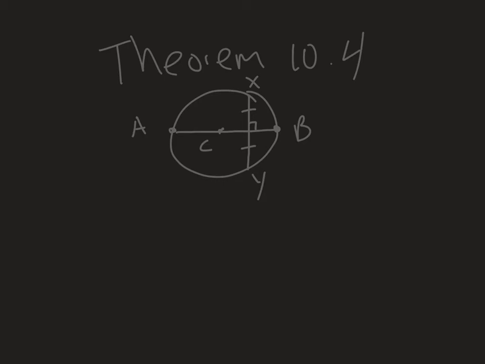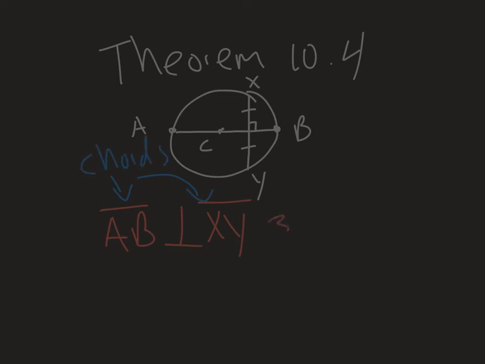If we look at theorem 10.4, the perpendicular bisector of a chord is a diameter or radius of the circle. This one's very similar to 10.3. It's just a little bit different. So the idea is I get to start with AB being perpendicular to XY, and I know that both of these are chords at this point. I don't know that AB is a diameter yet.